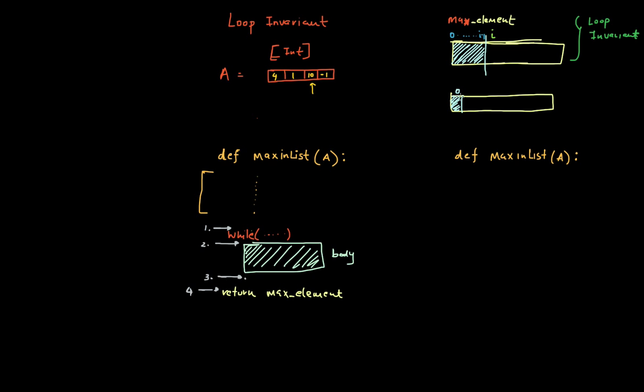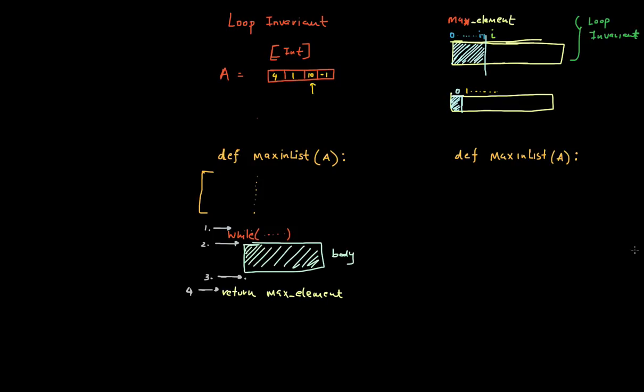Everything up to the value at index 0 has already been looked at, and everything starting from index value 1 hasn't been looked at yet. So what's the max going to be then? Well, if you've only looked at one element in the list, the max element is going to be that element itself, right?